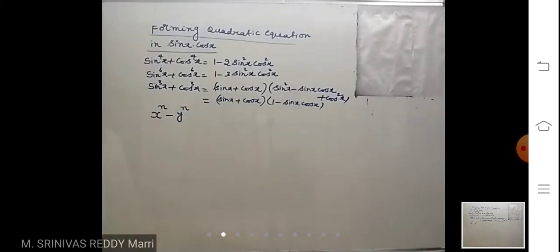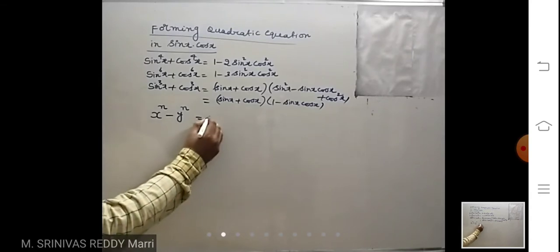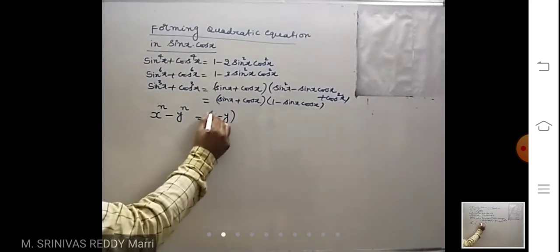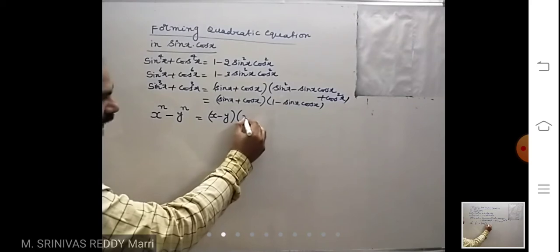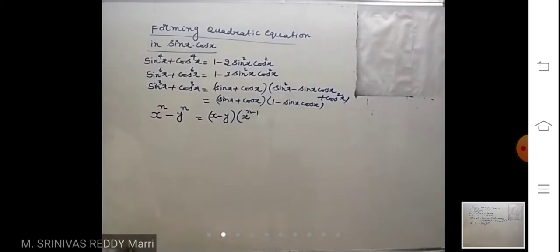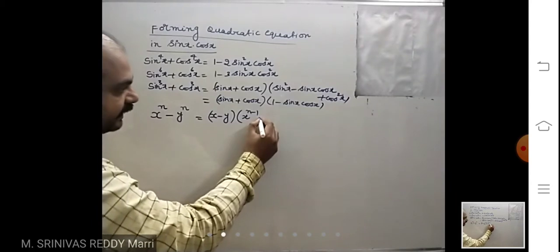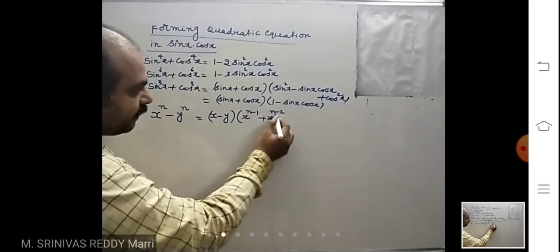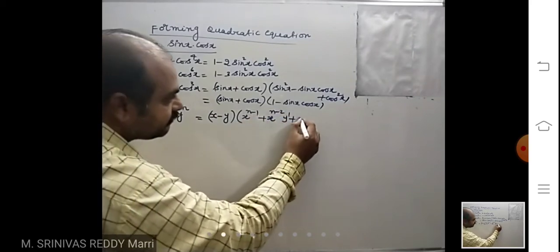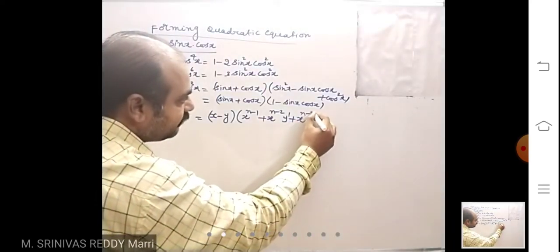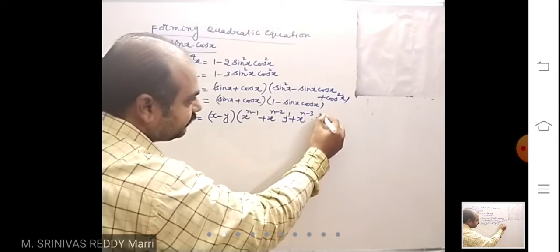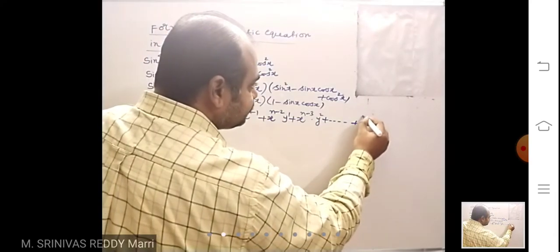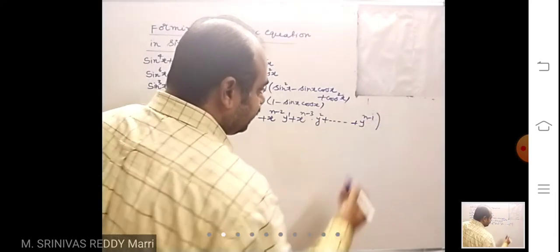This is the formula for this: x minus y into x power n minus 1, one less than this, plus x power n minus 2, decrease the power by 1, into y power 1, plus x power n minus 3 into y square, and so on. Lastly, y to the power n minus 1.